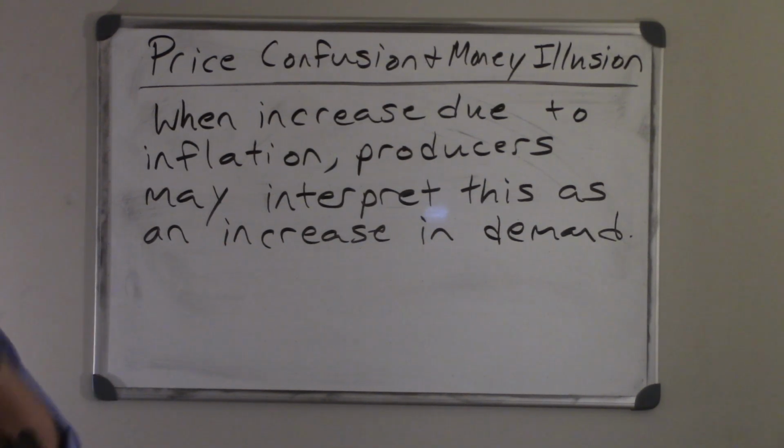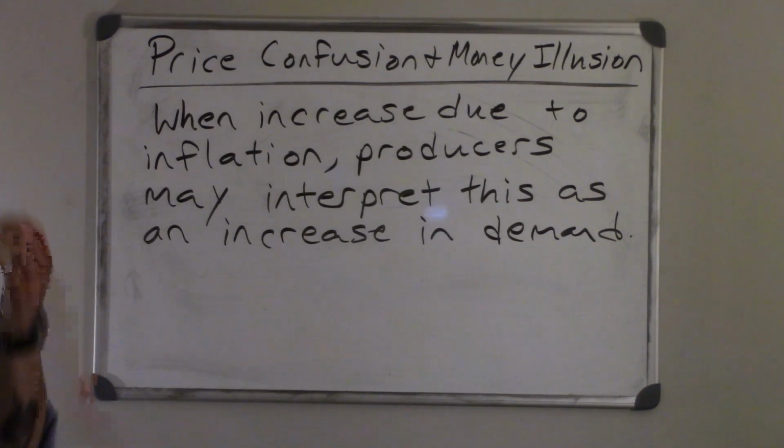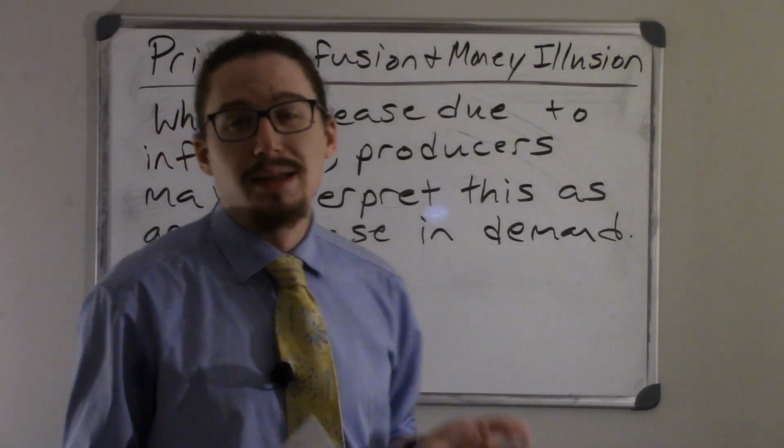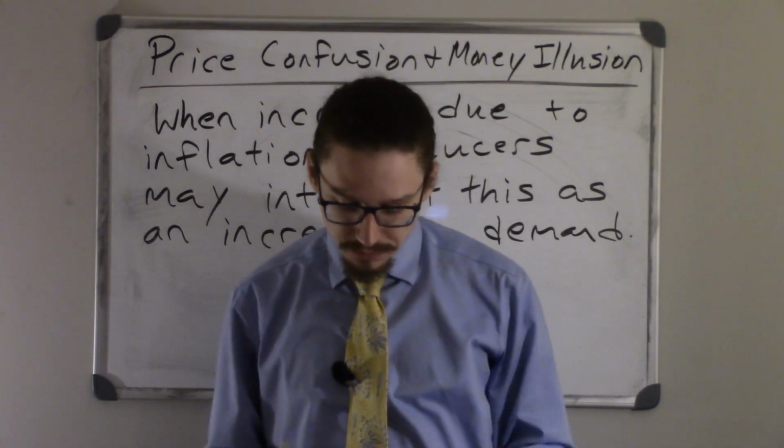Some other producers might return or jump into this market because they want to take advantage of those profits, right? So they're going to increase their quantity supplied despite the fact that no more of the good was being demanded, right? Demand didn't actually change. It just maybe looked like it did because of inflation.